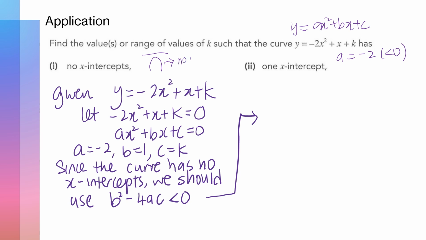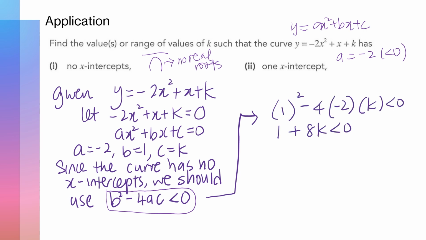So this means no real roots. So no real roots means what is the value of your b squared minus 4ac? Yes, it's less than 0 if you were to recall. So we plug in the values for a, b, and c, and we end up getting an inequality where k is less than negative 1 over 8.